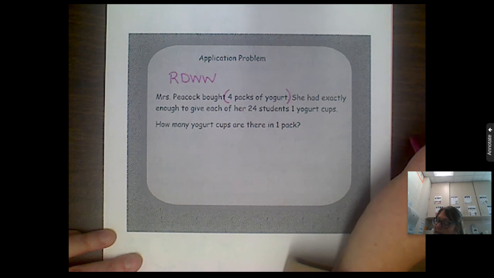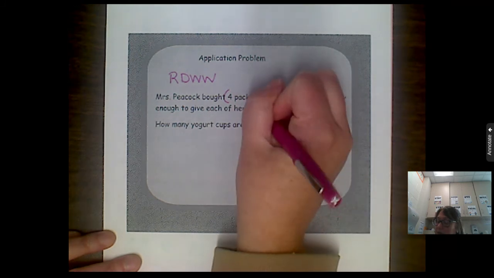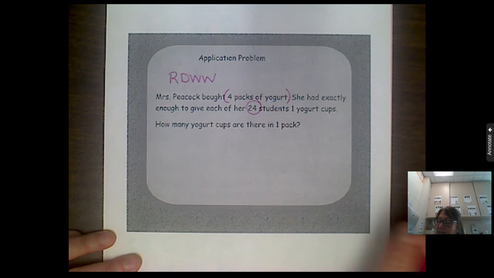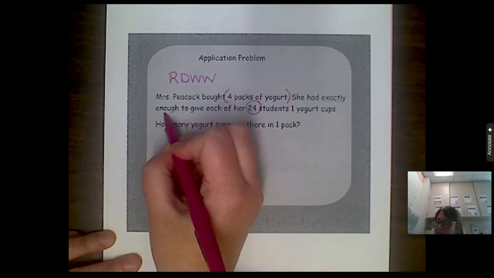She had exactly enough to give each of her 24 students 1 yogurt cup. I see that 24. What do we think about that 24? It sounds like the total if there's 24 students. Do you agree? Good. So 24 is the total.